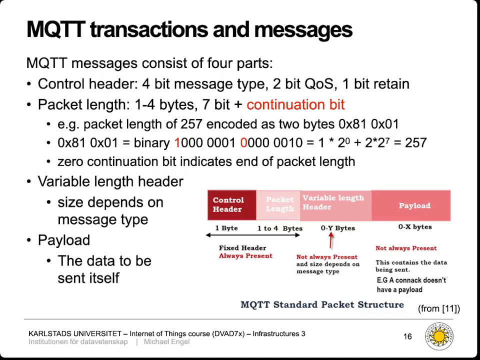So the packet length is actually in a variable length encoding. And this means that we only use 7 bits of each byte of the 8 bits to encode the actual length. And the 8th bit is what we call the continuation bit. So if we have this continuation bit, which is the most significant bit, set, this indicates there's another byte coming containing more length information.